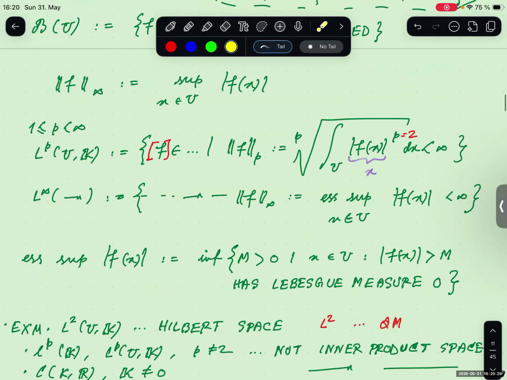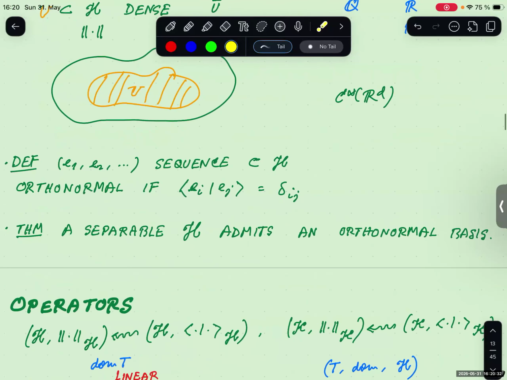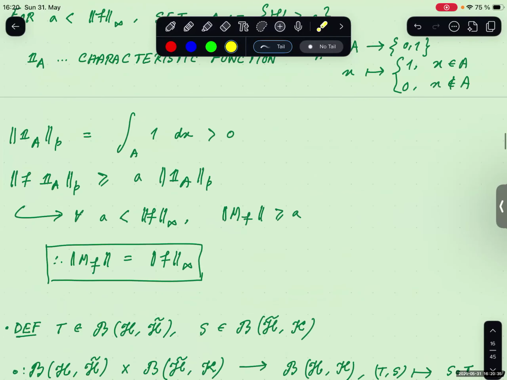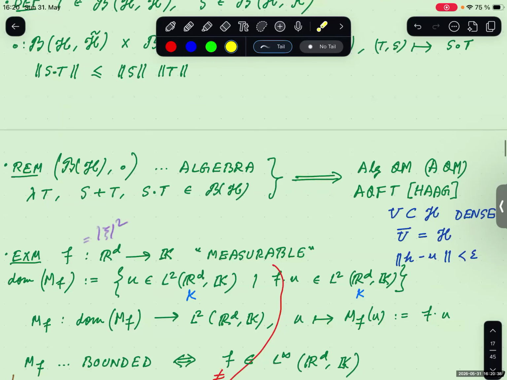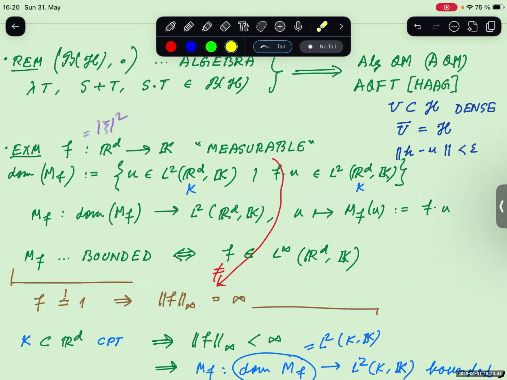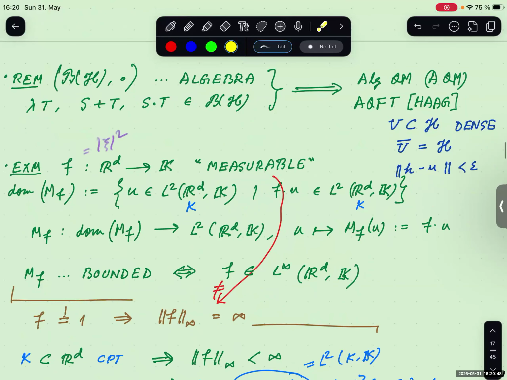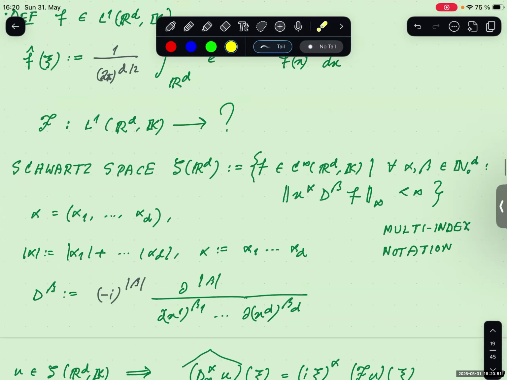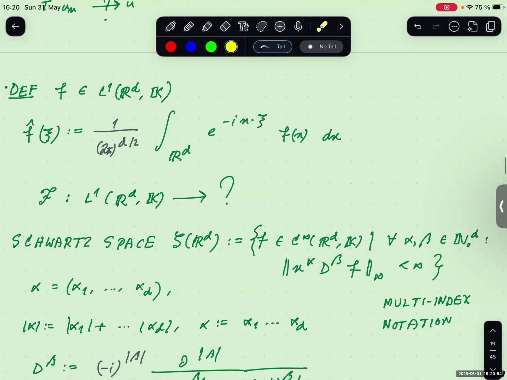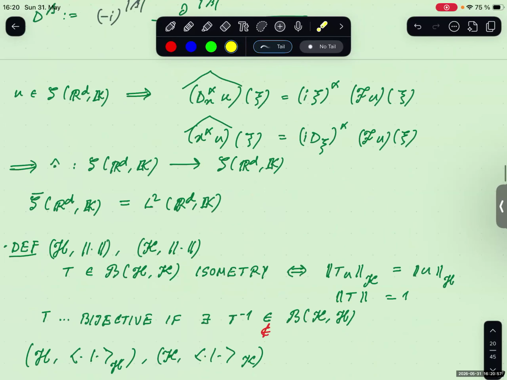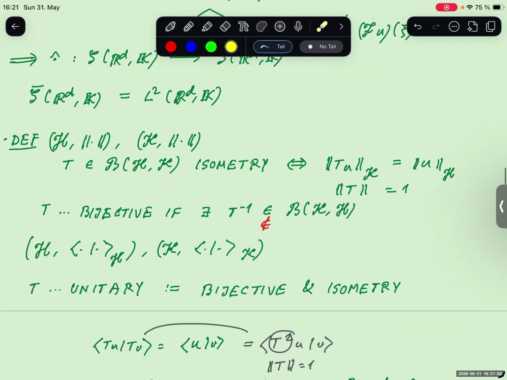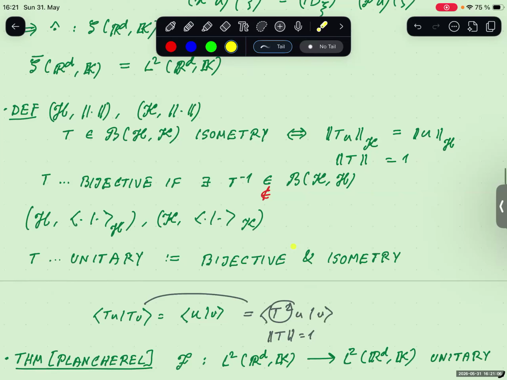Here. So you see, this is a Fourier transform, and if you go to the Schwartz space, then you have an isometry, and unitary means a bijective isometry. So there exists an inverse and it is also an isometry.